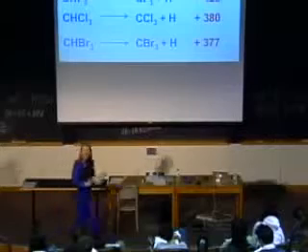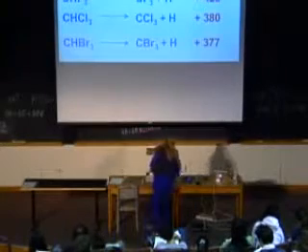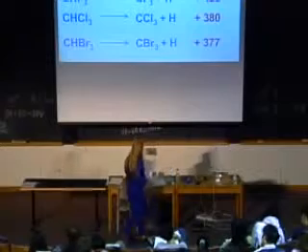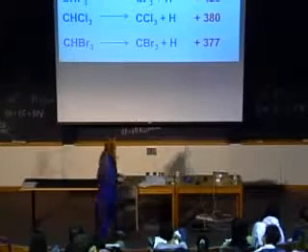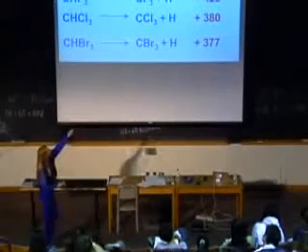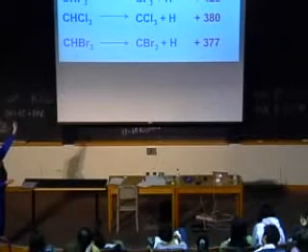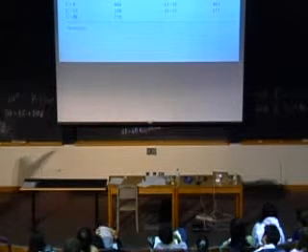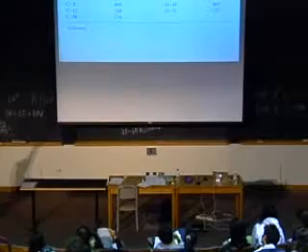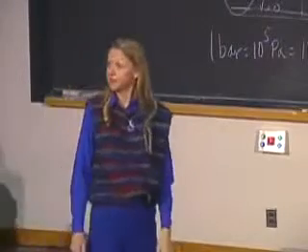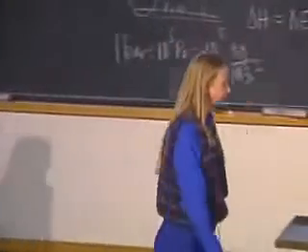And so what's often done, and your book does this, is that somebody goes and calculates the average of the bond energies for lots of CH bonds in lots of molecules, and they prepare a table that looks like this. This is the mean bond enthalpy. And they have CH, CC, carbon, carbon, right? But these are average bond enthalpies.